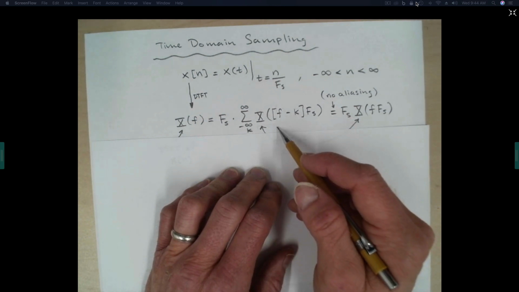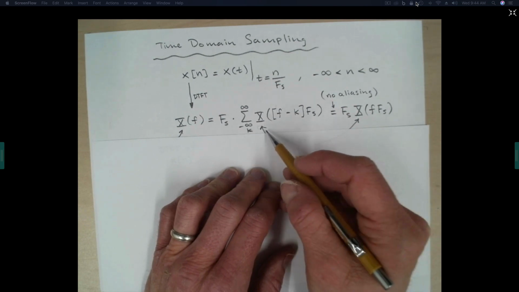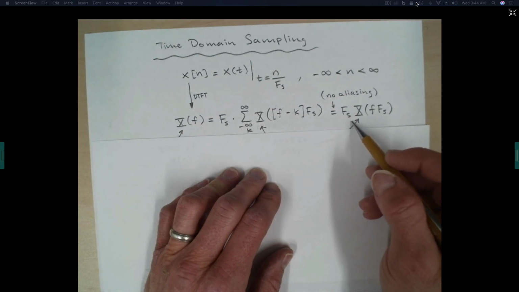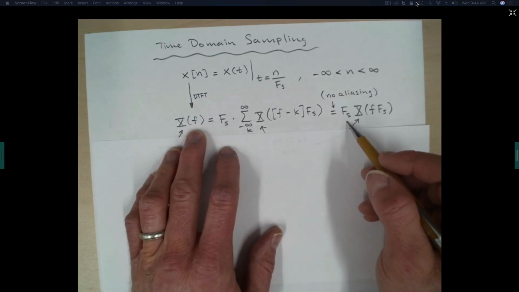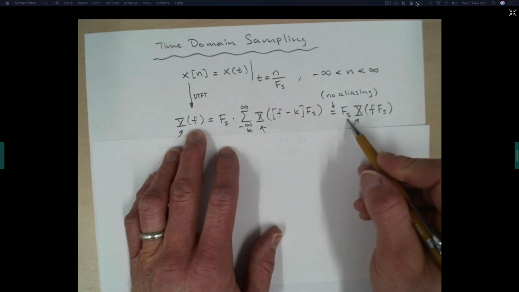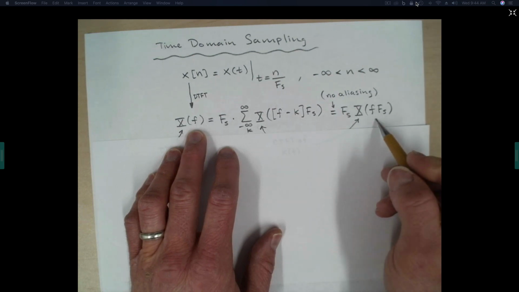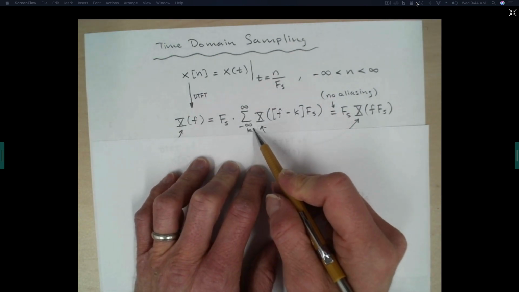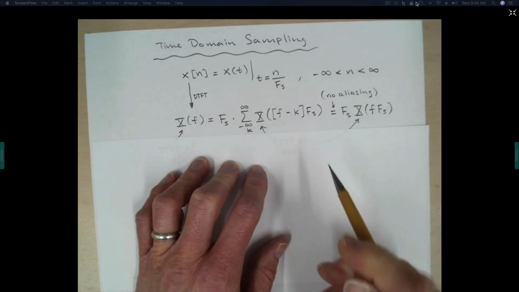Now, if there is no aliasing, then it's acceptable for us to eliminate the summation here and just simply state that the discrete time Fourier transform is equal to the continuous time Fourier transform scaled in amplitude and in frequency. That's in the case when there's no aliasing. So the whole purpose of this summation is to represent the aliasing that occurs.